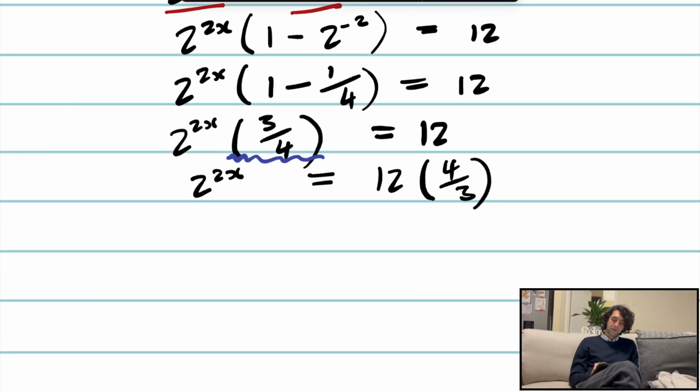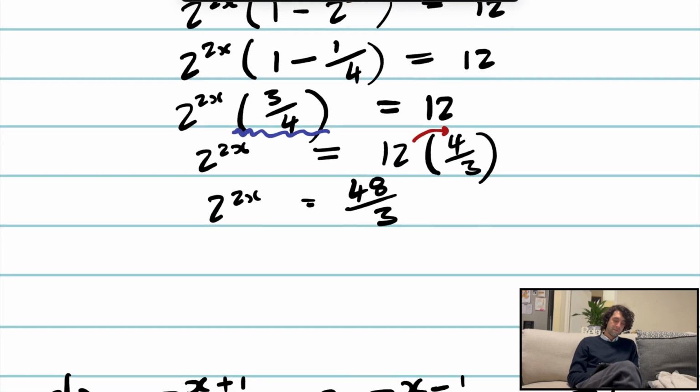Now this 12 is going to multiply in with this 4. 12 times 4 is 48. 48 divided by 3 is 16. So we have 2 to the power of 2x equals 16.